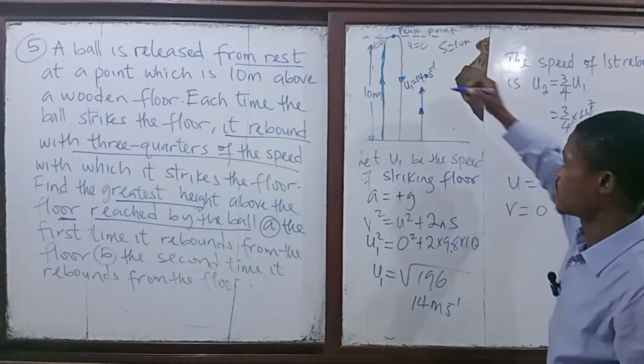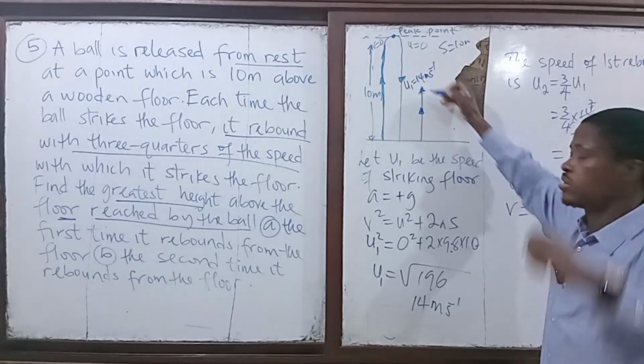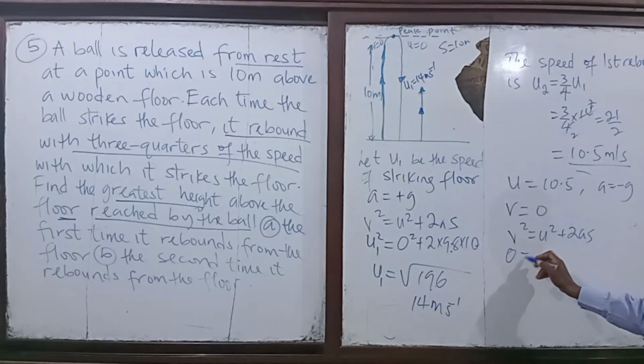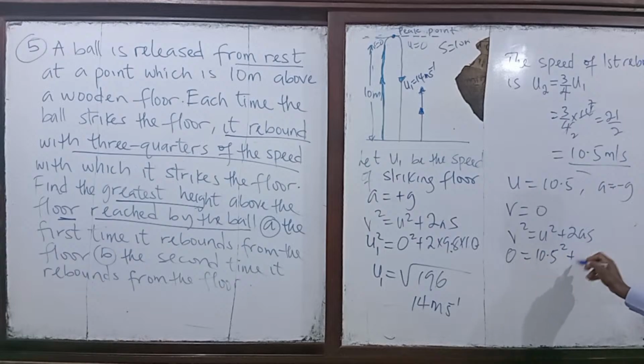We have v equal to 0, at the peak of that rebound. Then we can use the equation v squared equals u squared plus 2ax. So 0 equals 10.5 squared plus 2 times 9.8, and the 9.8 becomes negative because the motion is vertically upward, times the height we are looking for.